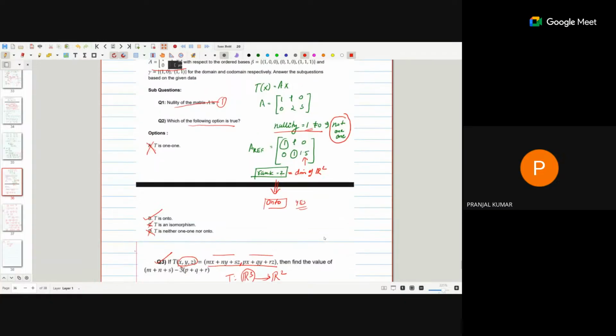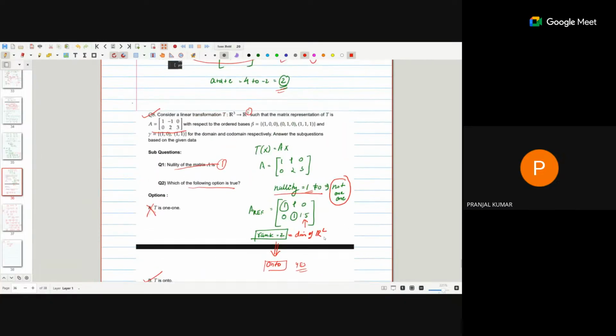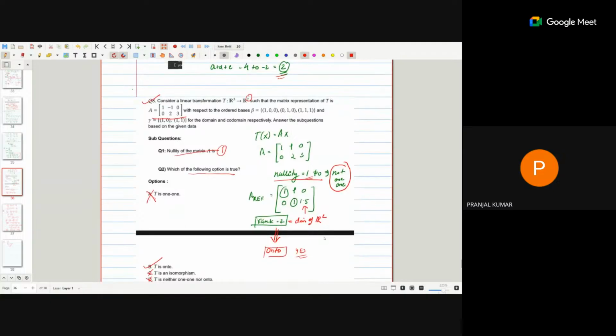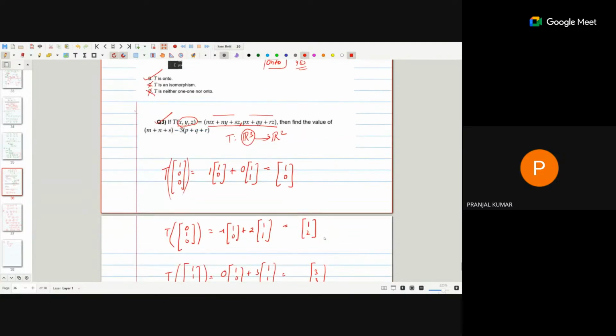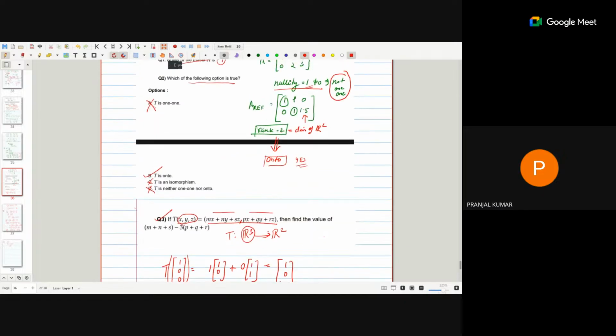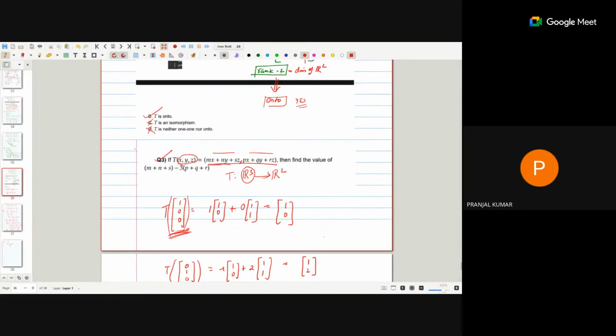Okay, so what is T of 100? Here you need to find the images of it. But I have not been given a linear transformation, at least not explicitly, so it has lots of variables.